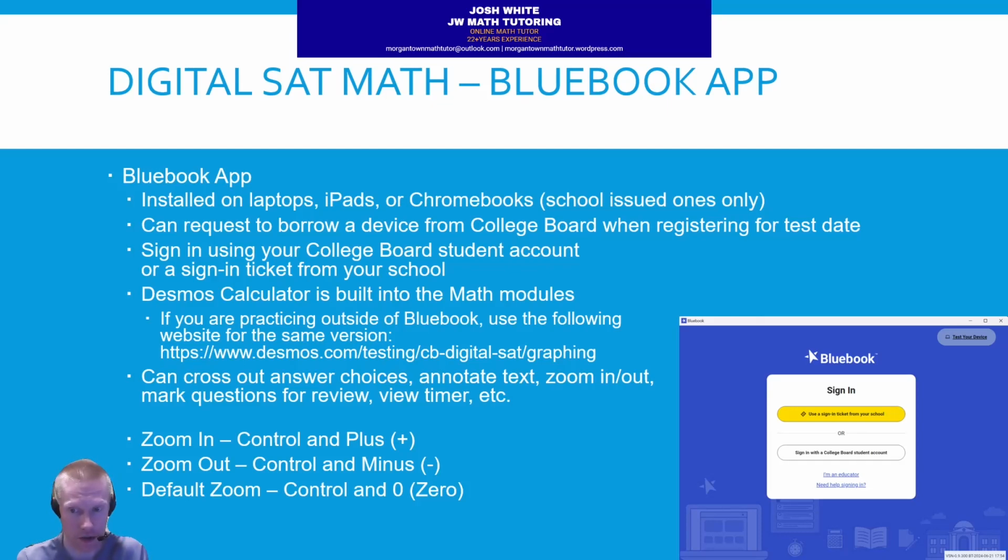You are going to sign in either using your College Board student account or the sign-in ticket from your school. That's typically for if you're taking a school day exam at your school. And then from there, if you're taking an official test, you can load the official test and complete that. Or the Bluebook app is also used to take practice tests, which I'm going to talk about in a little bit.